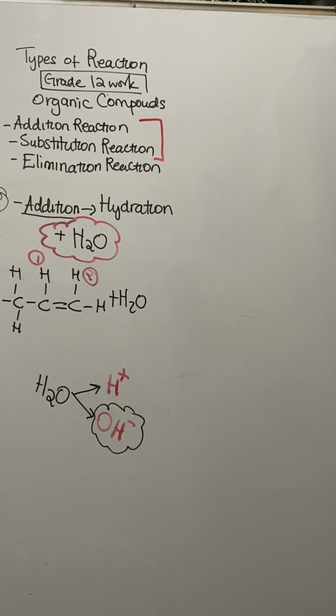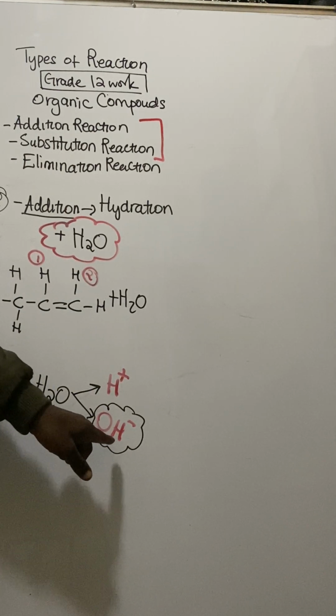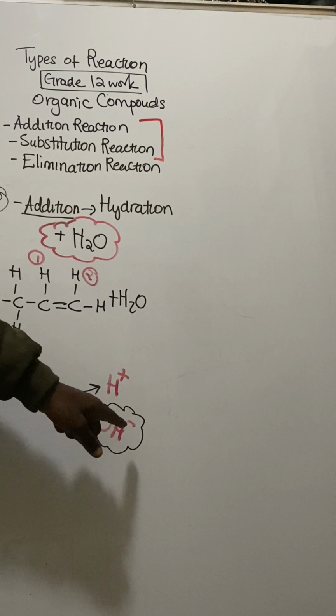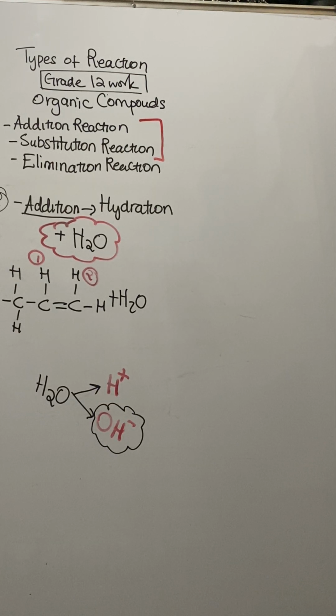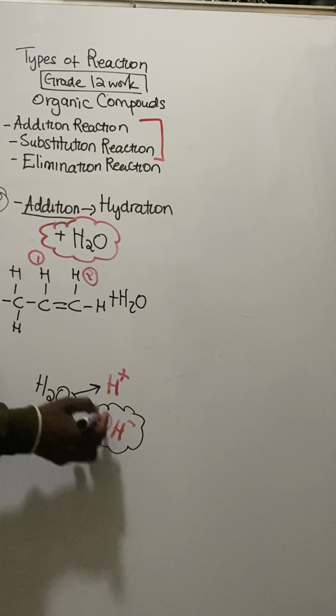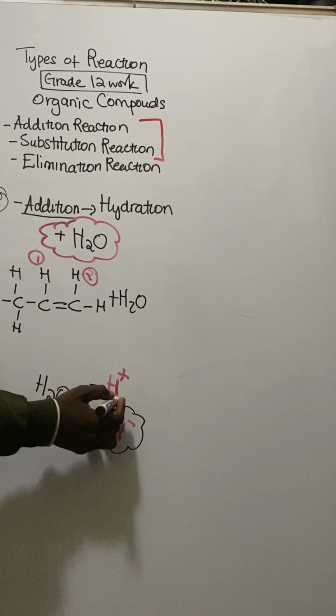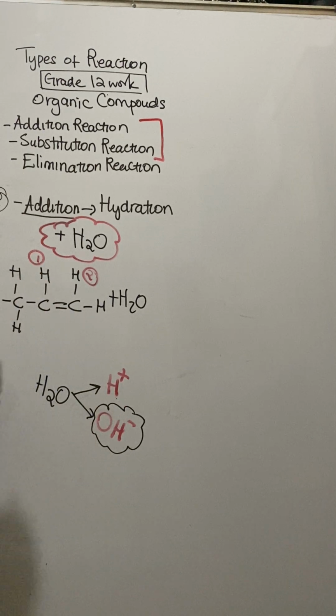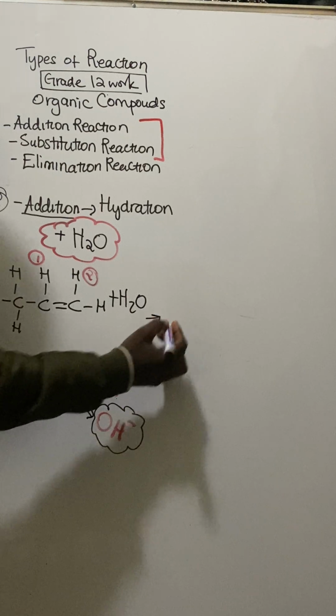So he said the hydroxide ion will go to the one with the least. Which one has the least number of hydrogen atoms? It is this one. Meaning this one will come to this one, and then this one will bond with this one, producing this.